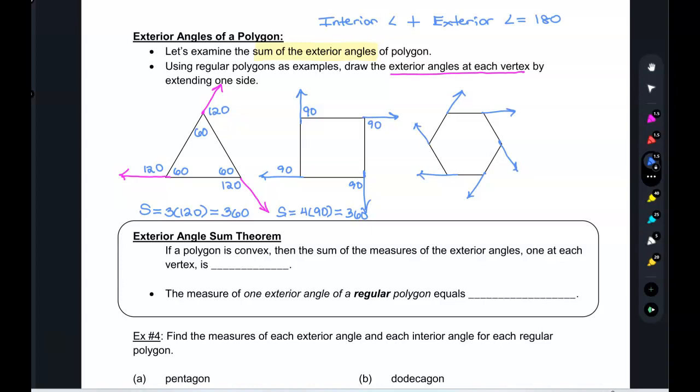Okay, to save time, I will tell you that each interior angle Oh, yeah. it's not mine. It's definitely not.